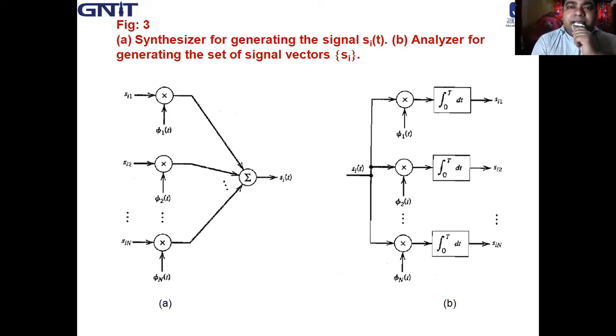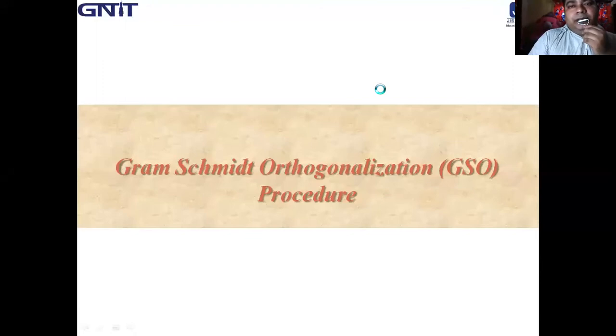And using this, we have already proved a very popular theorem in mathematics, which is called the Schwarz inequality. It has a tremendous application in communication engineering. One application is already found in the matched filter. So up to this, we have discussed in the last class.